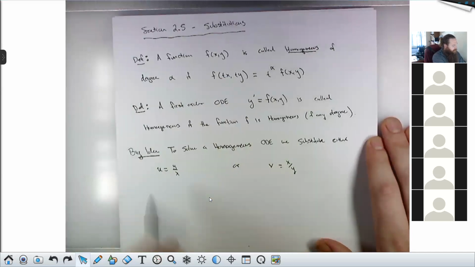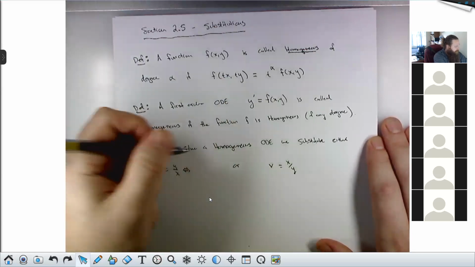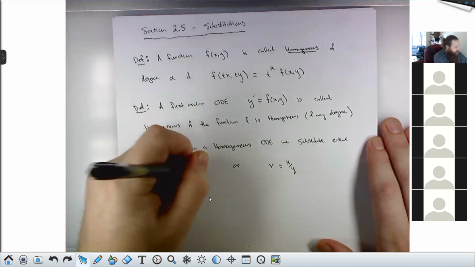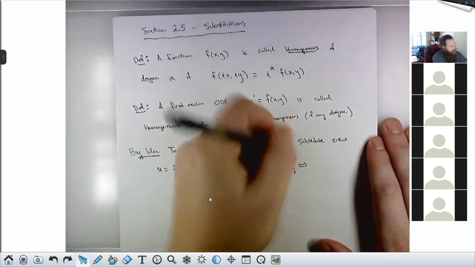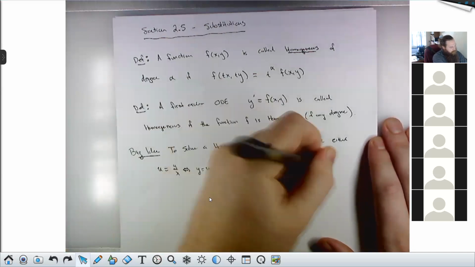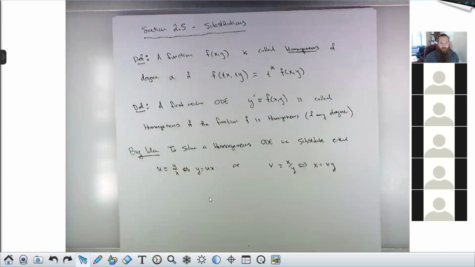And you could use either one, and kind of the smarter way of writing either of these substitutions is as y equals ux, or in this case, I would write it as x equals vy. Just because things are easier to work with.